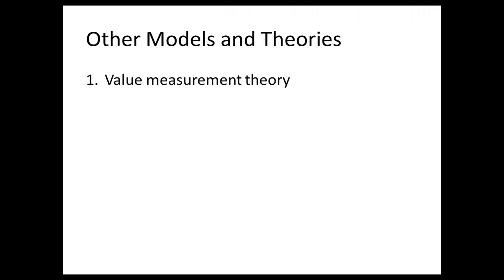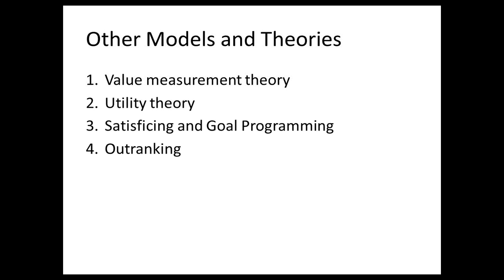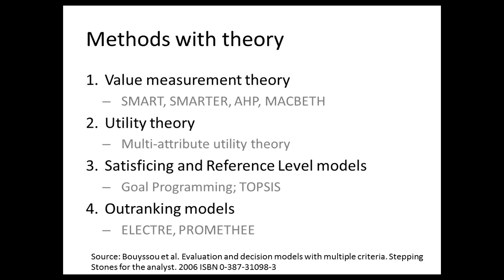Well, this was, like I said, only one way to determine the best or the most preferred alternatives from a set of alternatives using a multi-criteria decision model, using value measurement theory. Alternative theories are utility theory, satisficing and goal programming, and outranking.